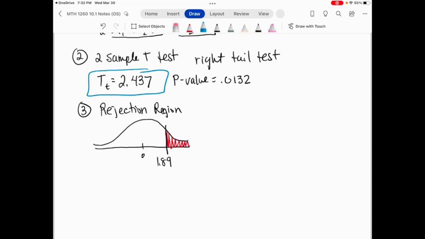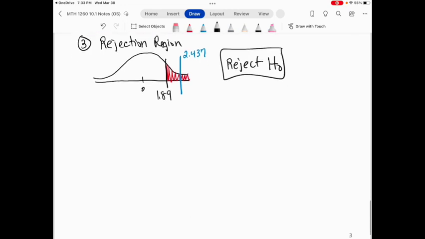That's going to be my cutoff point. Now, when I check that against my test statistic, 2.437 is to the right of 1.89. That means that the test statistic falls in that rejection region. So we're going to state for part 3, reject the null hypothesis.